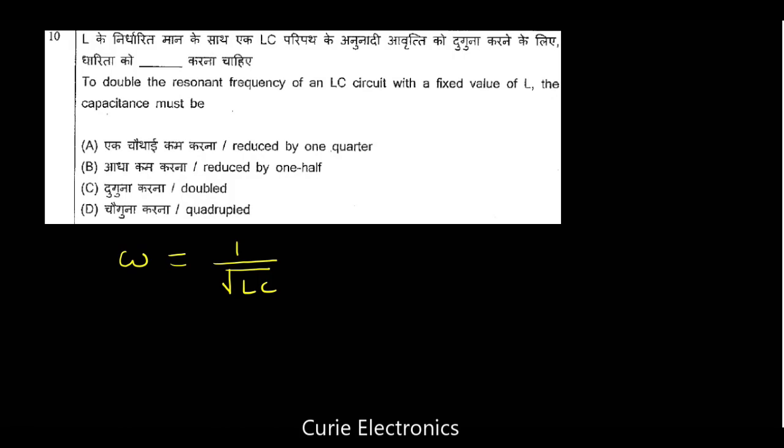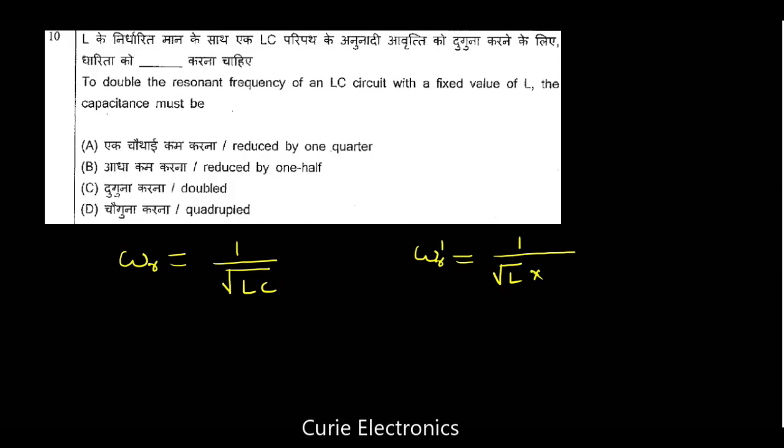We have to find omega dash, doubling the resonant frequency, omega r dash. To increase the frequency, you have to decrease the capacitance because L is going to be the same. We need a square term actually.